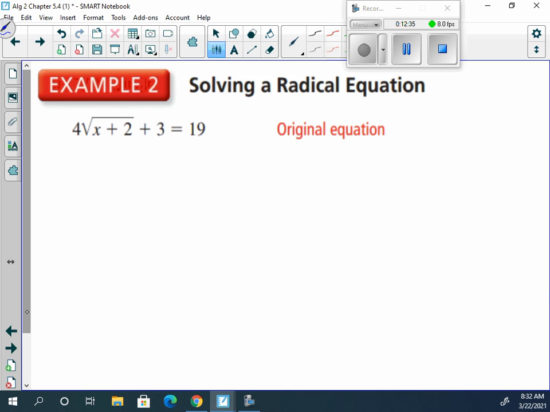Because our first main thing is to get the radical by itself. So the x plus 2 inside the radical, that's all one unit. Because the only way to move that 2 out of the radical is to get the radical to go away. We've got to remove the radical first. So let's deal with the 4 and the 3 first.